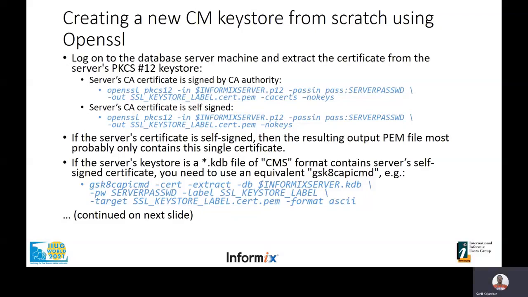If the server's key store is in proprietary CMS format and the server's certificate is a self-signed certificate, then you can extract it using the GSKit command gsk8capicmd -cert -extract -db server.kdb -pw password, give the label, use the server's label, -target, name of the certificate file and format ASCII.